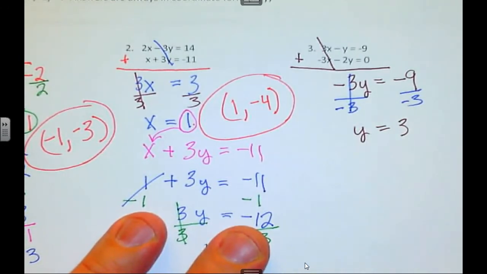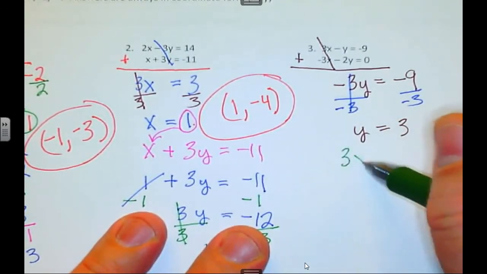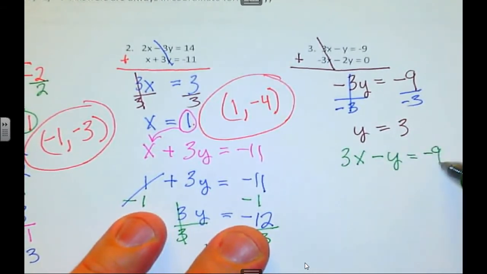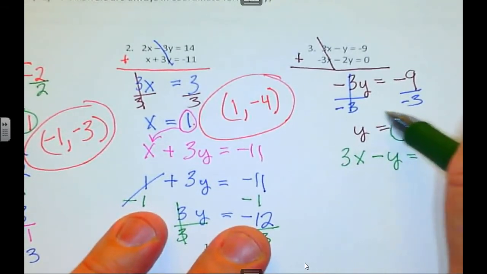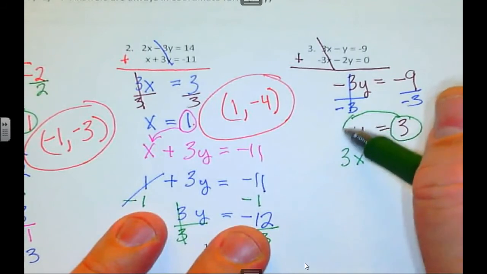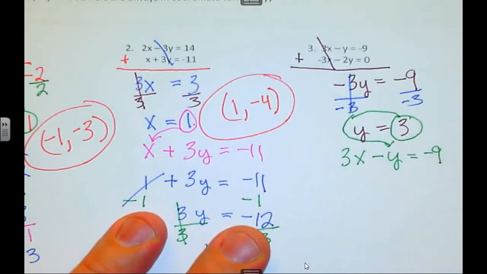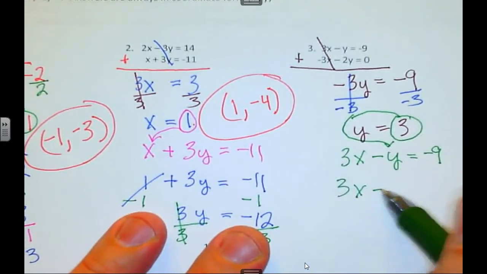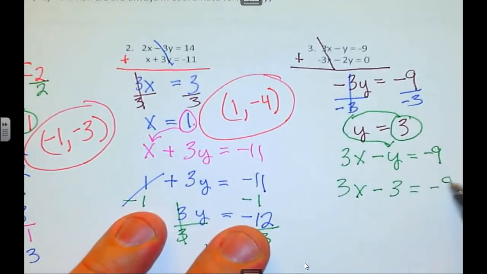Pick one. We'll pick the top one. I know y is 3, so I'm going to substitute that in for y. So I get 3x minus 3 equals negative 9.